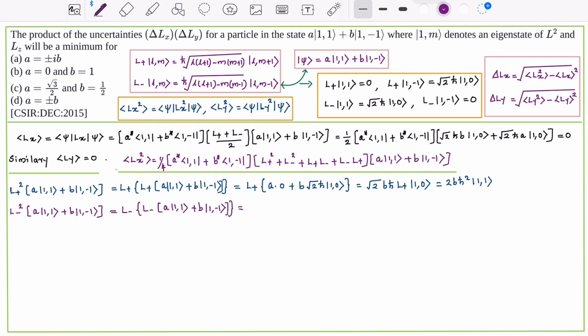This is equal to L minus acting on root 2 h bar A|1,0> plus 0, that is root 2 h bar A L minus |1,0>, that is equal to 2A h bar square |1,-1>.